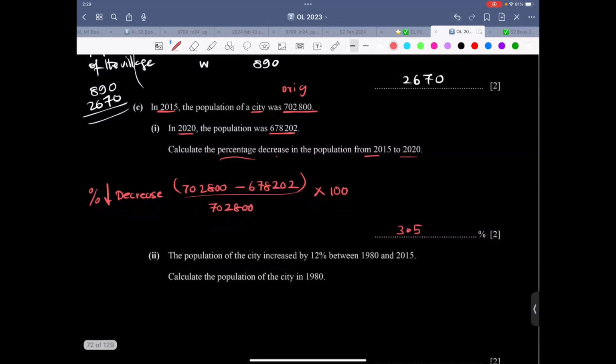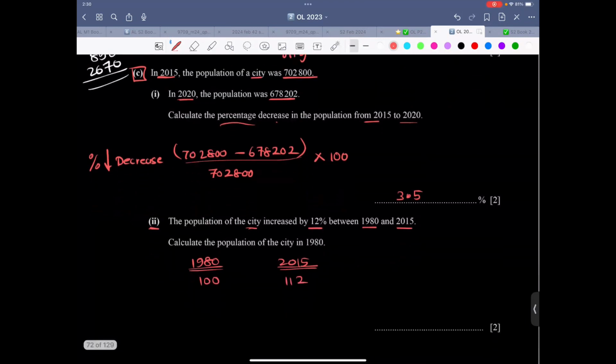Now, in C part 2, that means it's related to the city. The population of the city increased by 12% between 1980 and 2015. So 1980 versus 2015. If the population was 100 in 1980, it becomes 112 because of a 12% increase. Calculate the population in 1980. Let the population be capital P. And in 2015, the population is 702,800.